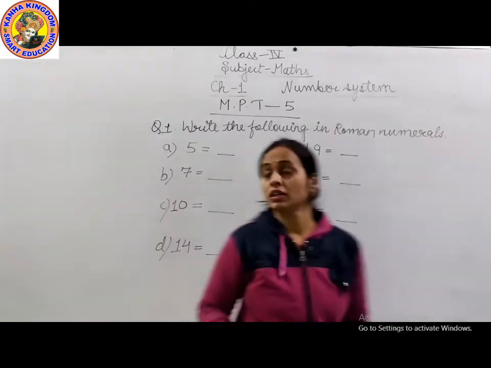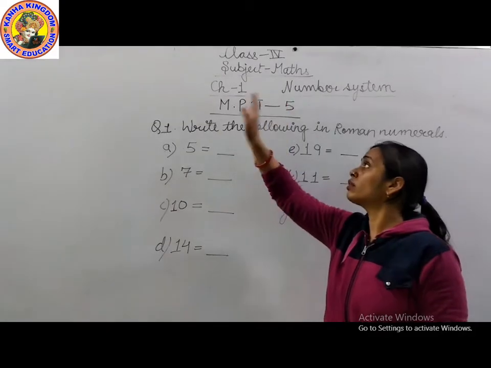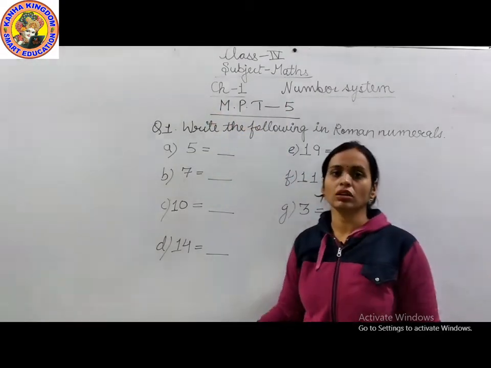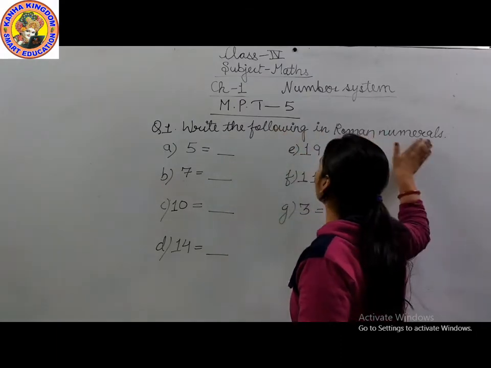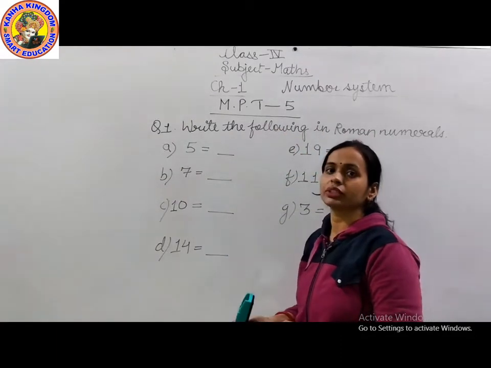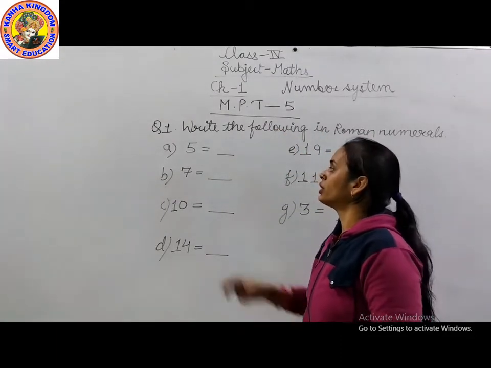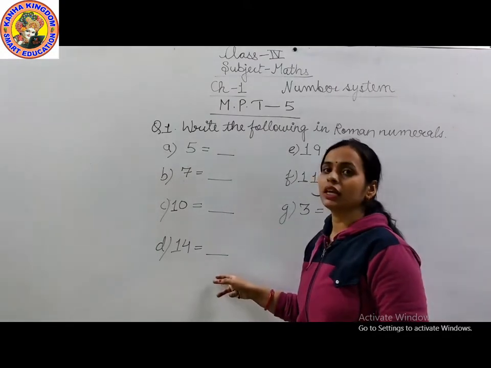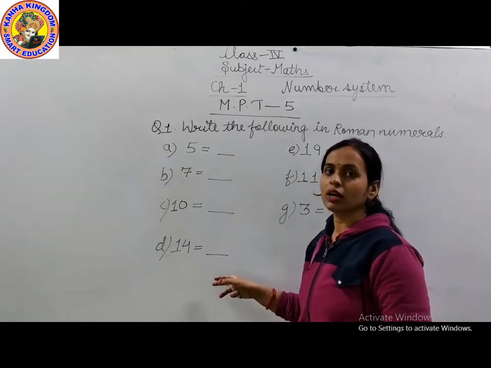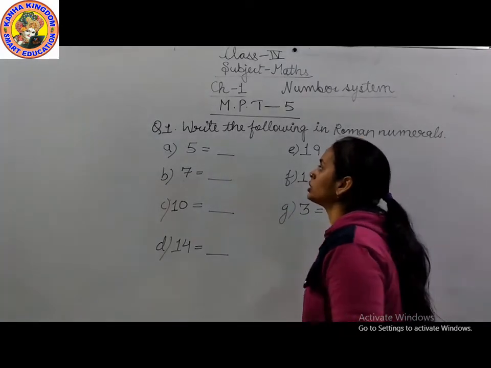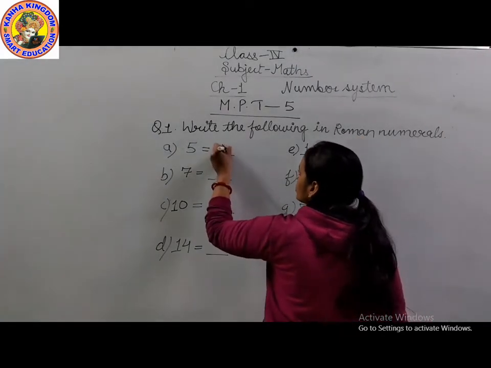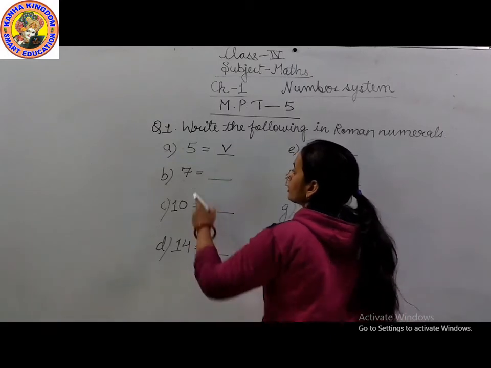Now, my practice time 5, empty 5 is based on Roman numerals. Write the following in Roman numerals. This is our question number 1. So we write here the Hindu Arabic numerals in Roman numerals. 5. So we write 5. 7.